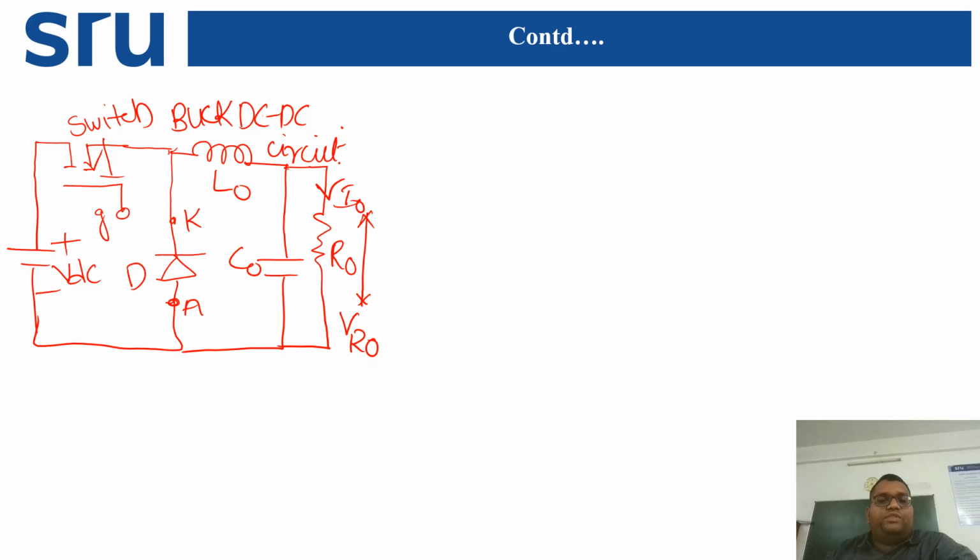Now we will see step by step how the waveforms will come. For drawing all the waveforms for the different operations, we will draw one vertical line.